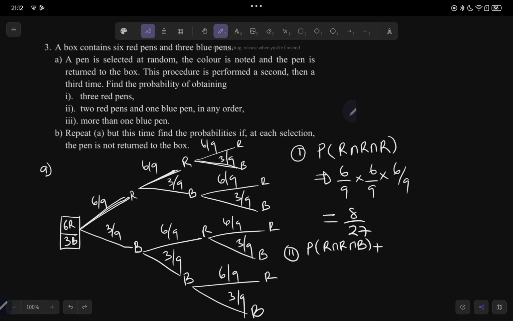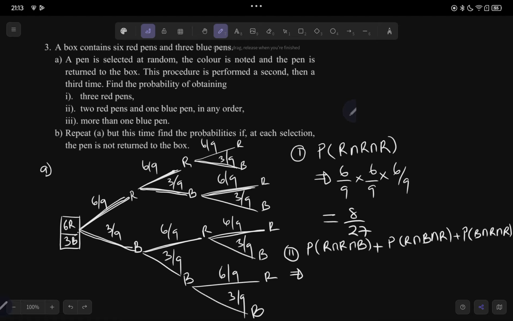Or I can pick red, then blue, then red. Alternatively, I can start with blue, then I pick red, then I pick red. Blue, red, and then red.